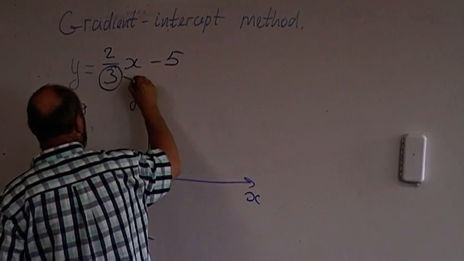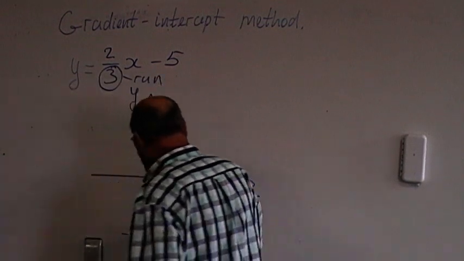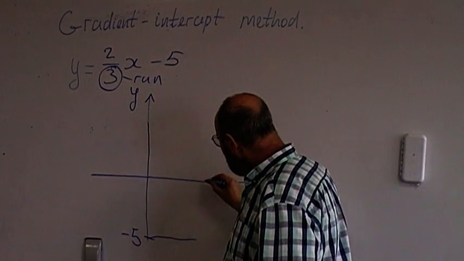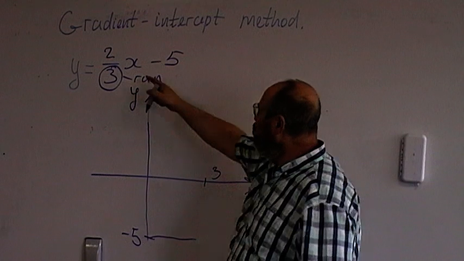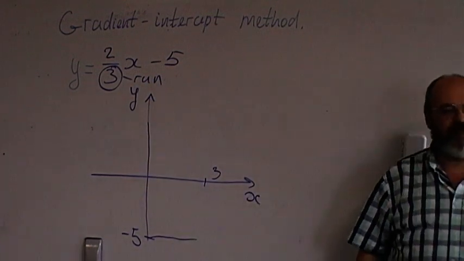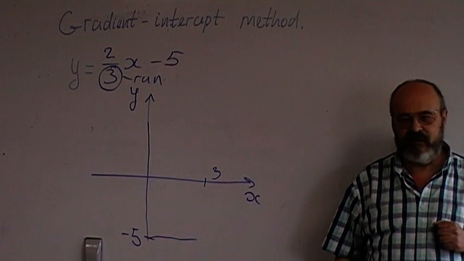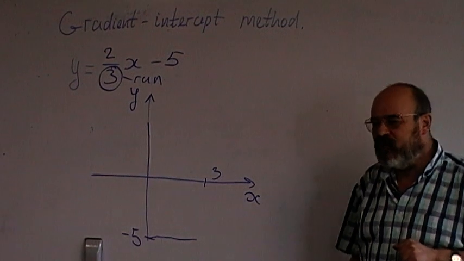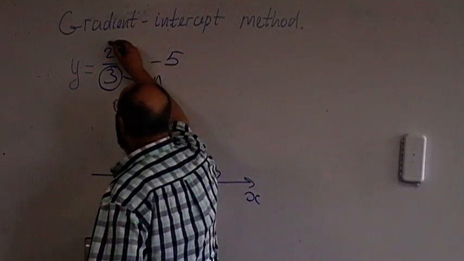So we run by 3: 1, 2, 3. When we have a gradient as a fraction, we run by the denominator, and then you go up by the numerator. Rise equals the numerator.